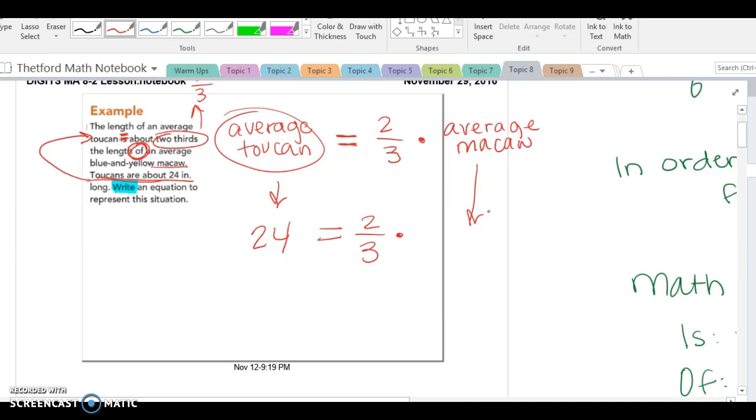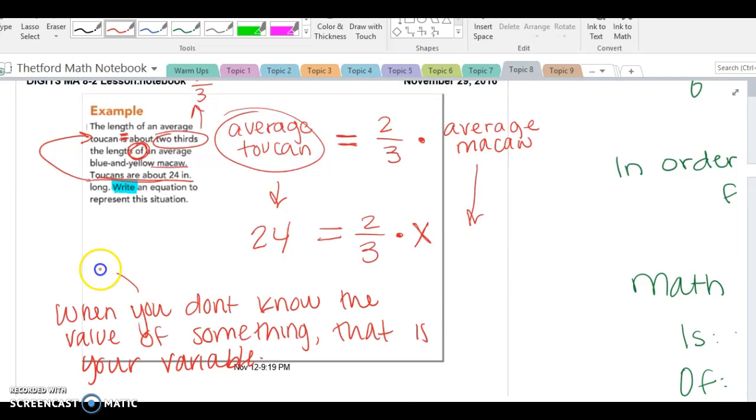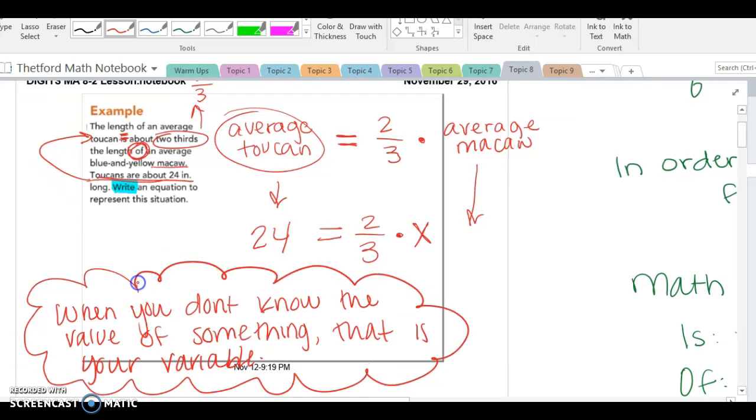And that's okay. That is just going to be my variable. So when you don't know the number or it doesn't give you a number, you're going to put a variable. So make sure that you copy that part down. It's a good reminder to know that sometimes they don't give you all the information, especially in this topic while we're writing equations. And so when they don't give you a value, it means that that is your variable.